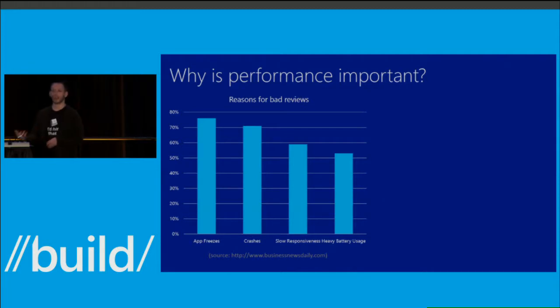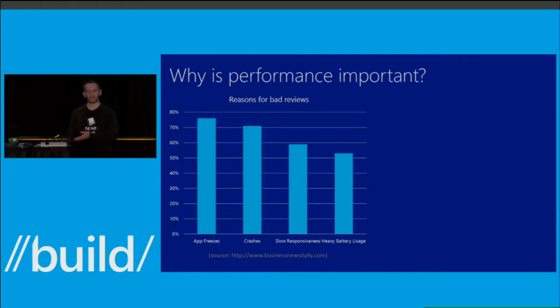Either crashes, which could be out-of-memory issues, or low frame rate, or just responsiveness problems where you're trying to interact with the app and it doesn't feel snappy at all. And so in general, if that holds true, then no matter how nice your UX is, and no matter how rich your feature set is, it could still fall flat if your performance wasn't very, very good.